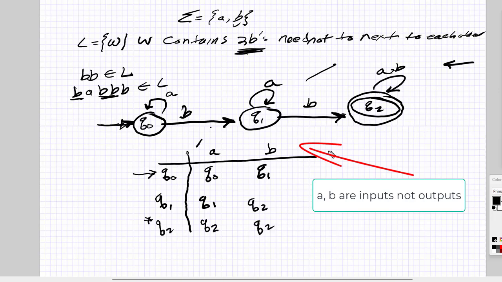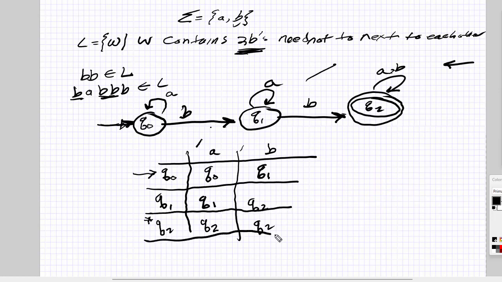If we read a B, we stay at the final state. This might confuse you, but we don't care about the A's, just the B's in our situation. So that's how formally you create the table for the transition matrix of the transition state.